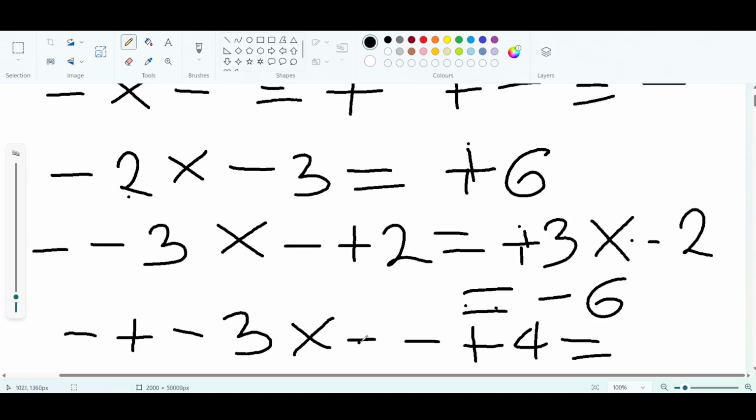If the number of minuses you count is even, the final answer is going to be plus, and if it is odd, it's going to be minus. Now you multiply the 3 by the 4, and that will give you 12. So this is the final answer.